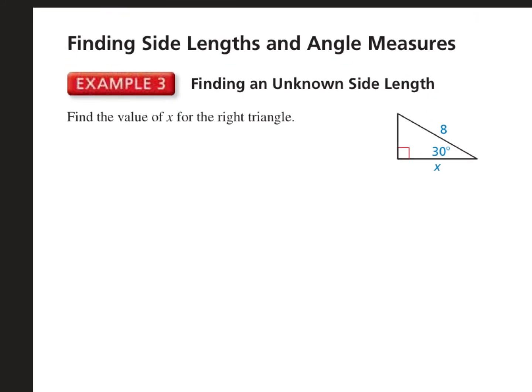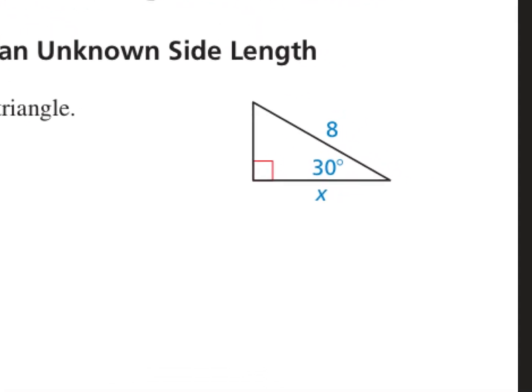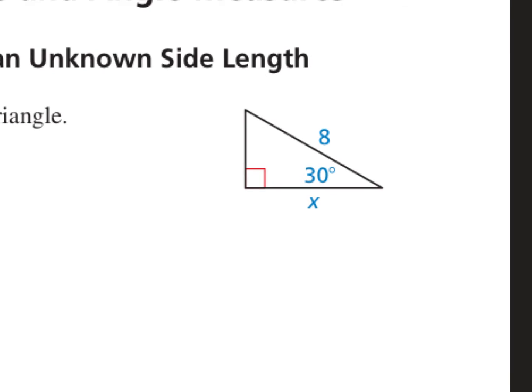We have to find the value for x for the right triangle. So we want to ask ourselves, if 30 degrees is our theta, this angle here, what is x in relation to theta? Well, we know this side is opposite, so that means x must be adjacent.